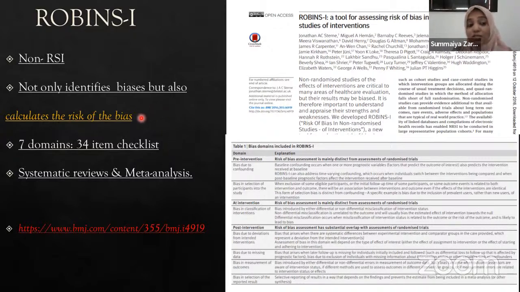So yes, it is going to calculate the risk of bias and tell you whether this study has a low risk of bias, a moderate risk of bias, or a high, serious or critical risk of bias. So once I understand that this study has a serious risk of bias, I am not going to look at the results, because I know that the results are not going to be accurate enough.